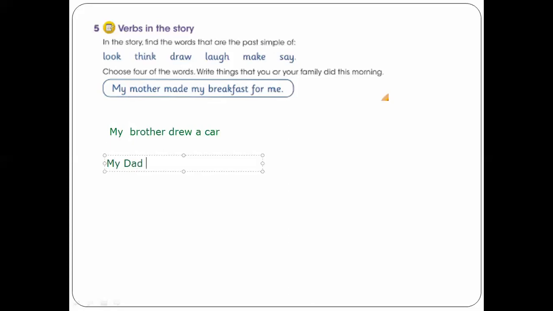My dad said we are going for a picnic. My dad said we are going for a picnic.